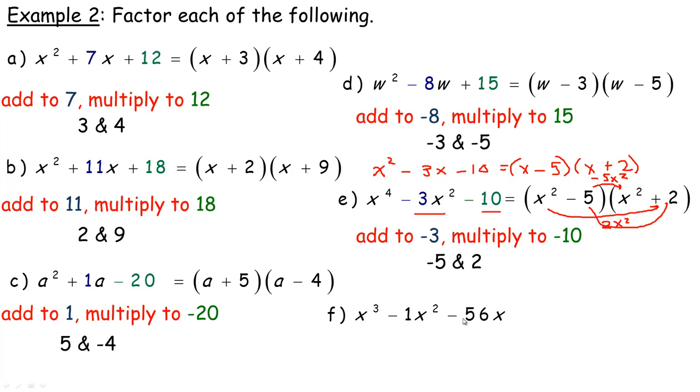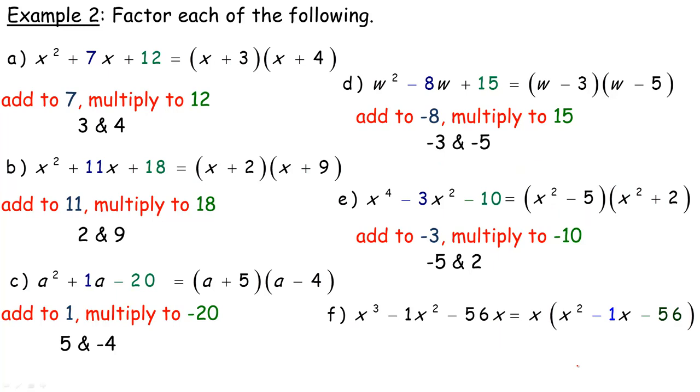So there's a common factor of x in all this, so we can factor an x out. The way you get what's in here is by dividing each of these by x. If I divide x cubed by x, I get x squared. Divide x squared by x, I get just an x. And divide this by x, I get the -56.